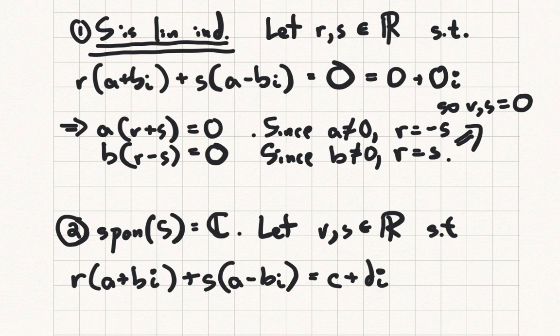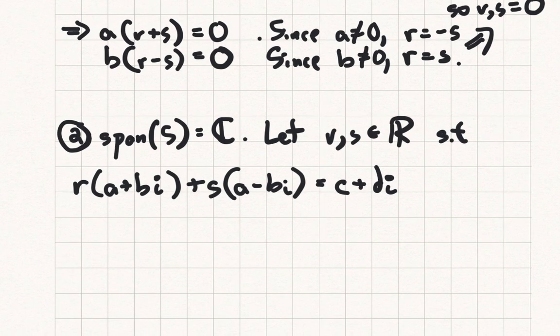And again, we can play a very similar game to what we did in the earlier part. We can equate the real and imaginary parts of these. I'll leave this as a little exercise. If we equate the real parts, we get, just like above, a times (r plus s) equals c.